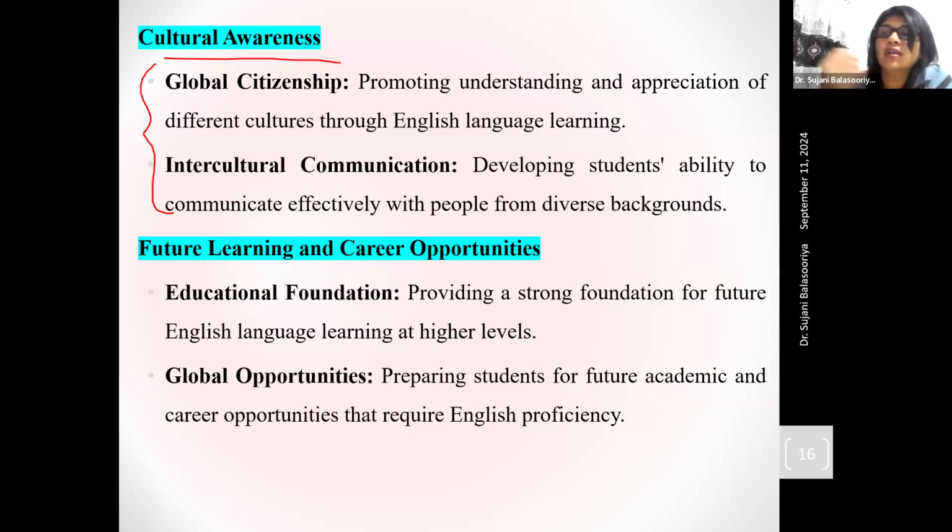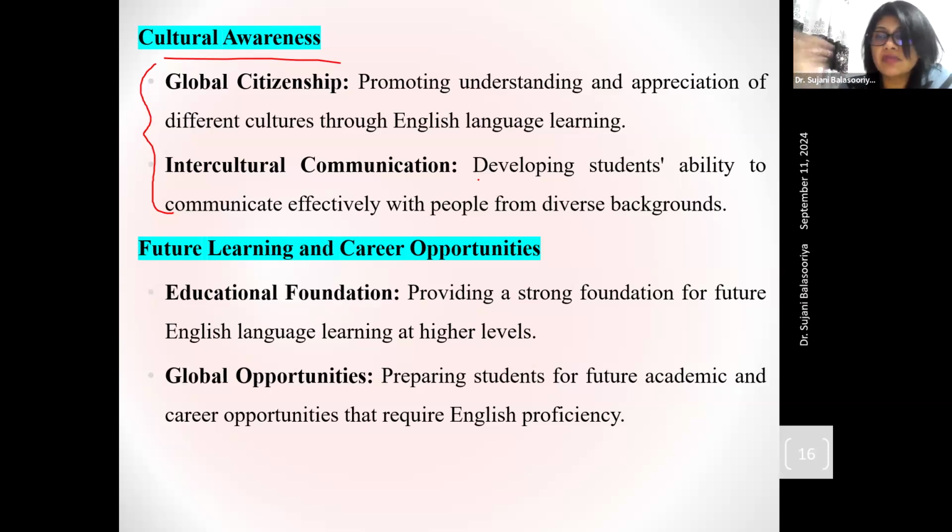Because now, we are talking about the education system, right? So in a classroom, if all the students belong to the same culture, then no issue, because all are familiar with their own culture. But if there is cultural diversity in the classroom, if the students are coming from different cultures, then there is a diversity, right? So the problem comes if each student is not familiar with the other cultures.